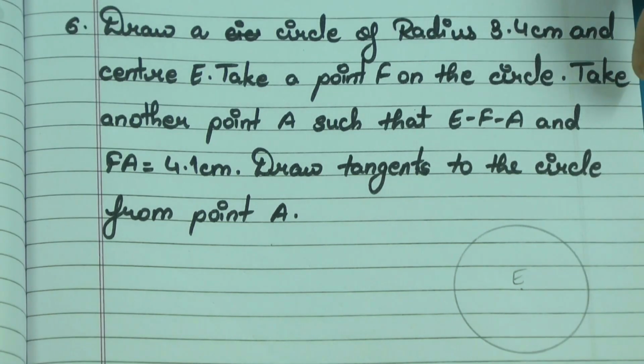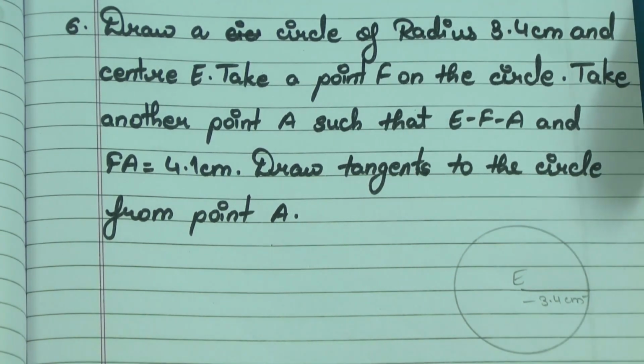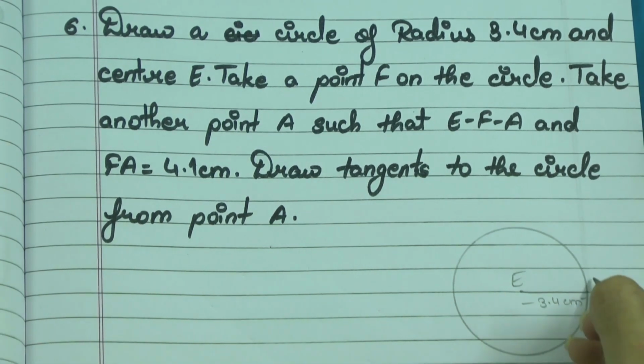Now question number 6. We have to draw a circle of radius 3.4 centimeter, and the center is E as it is labeled. Take point F on the circle, exactly on the circle.